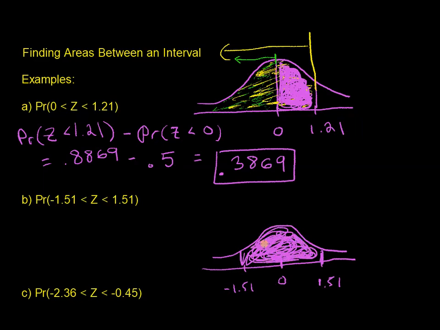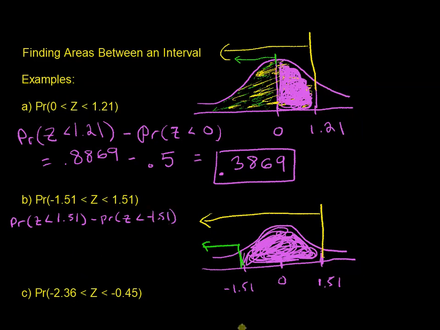I'm going to take the larger number and find the probability that z is less than that larger number. And then I'm going to take the smaller number, find the probability that z is less than that smaller number, and subtract those two. So I'm going to figure out the probability that z is less than 1.51 and subtract off the probability that z is less than negative 1.51.